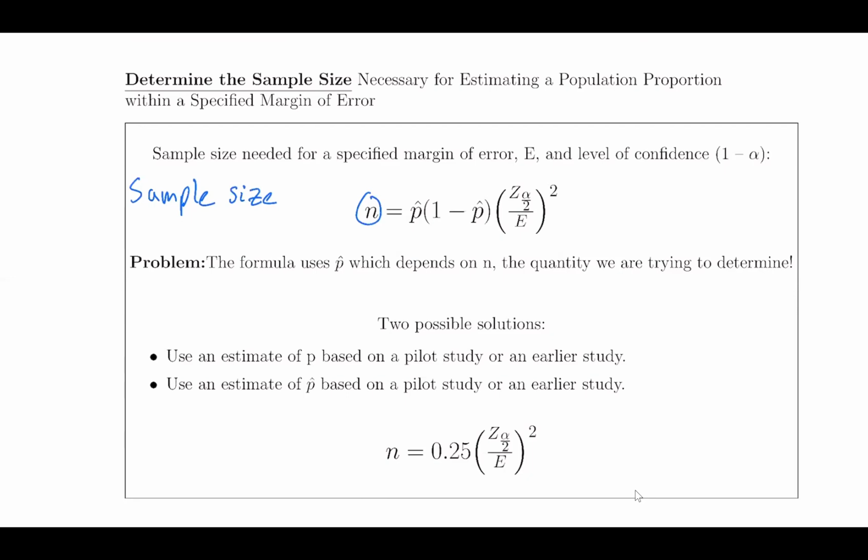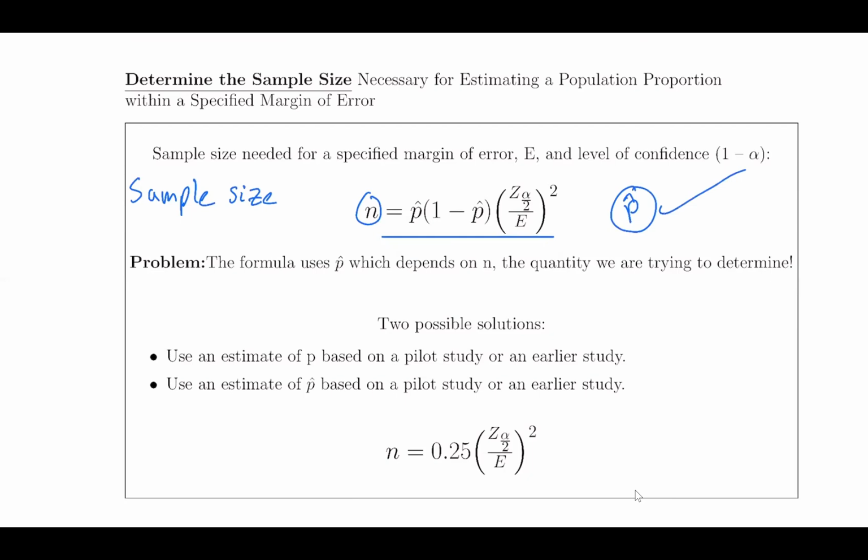So for this one, there are gonna be two different formulas, for the case when I know p hat or when I don't know p hat. In this one, we know what p hat is equal to. If I know what p hat is equal to, we use the formula on top.